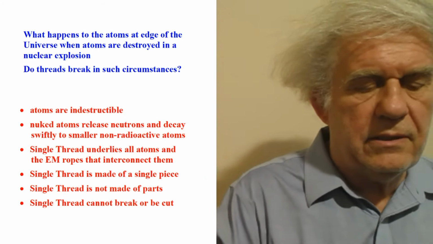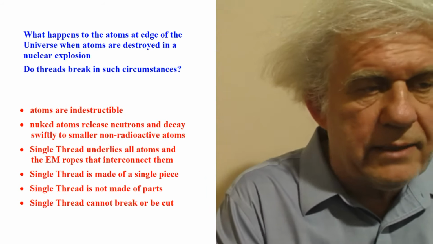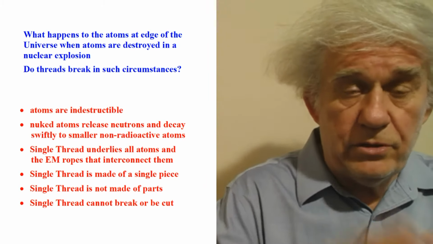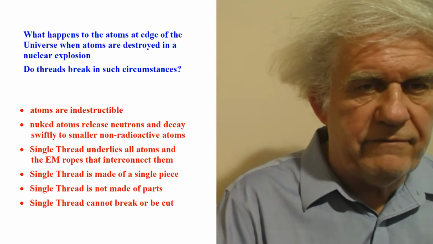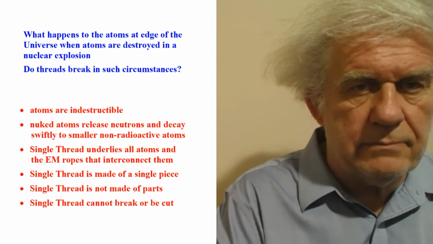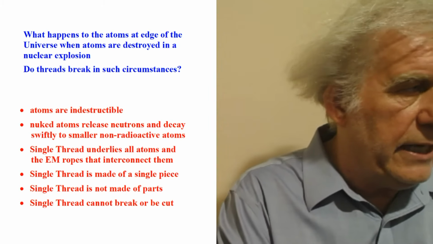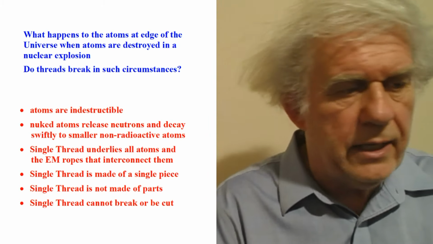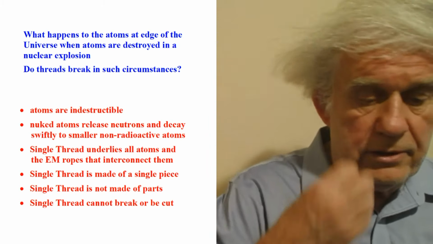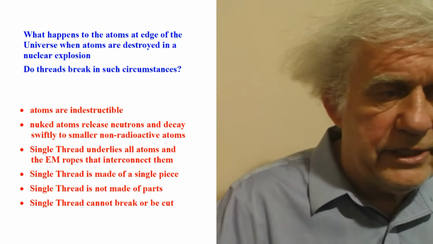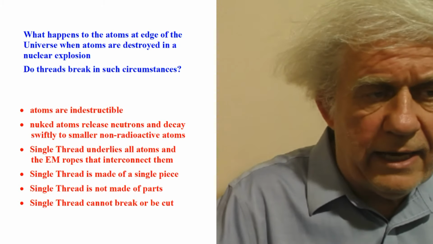In other words, when you have a nuke, an explosion, all you have is decay of the atoms. So if you have uranium, it'll decay, I don't know, to radon or even lower to lead, which is non-radioactive. So that's all you have.